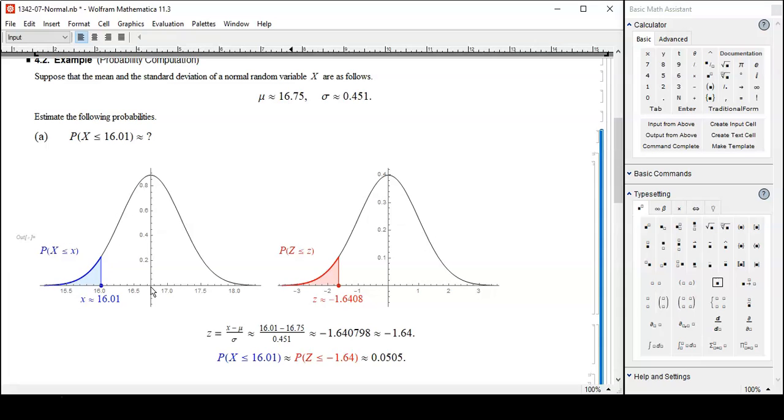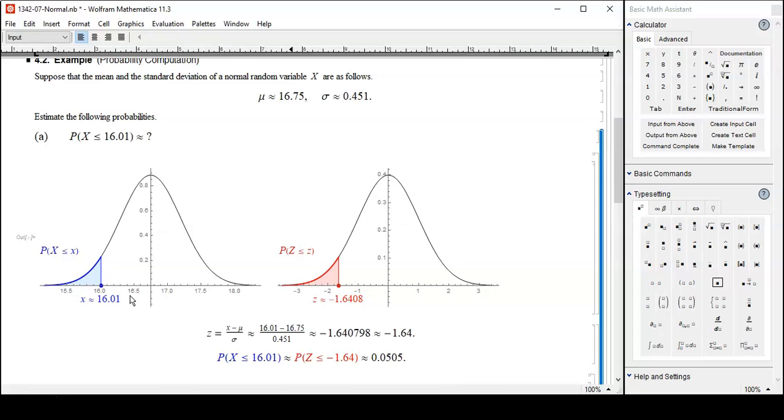Centered at 16.75, the mean, and 16.01, that's the end. And we need left-hand side shading because we want x less than 16.01. And then this picture is the normalized version, the standardized version, excuse me. In the hand-drawn picture, this one is redundant.